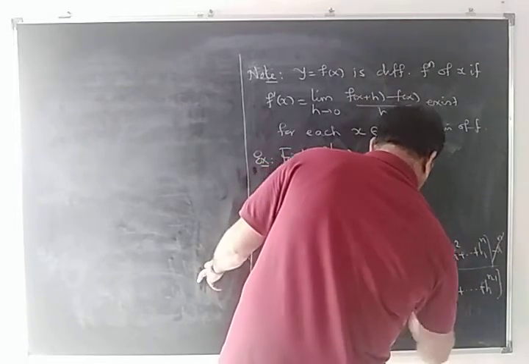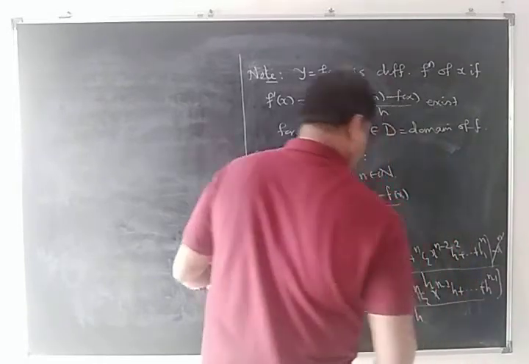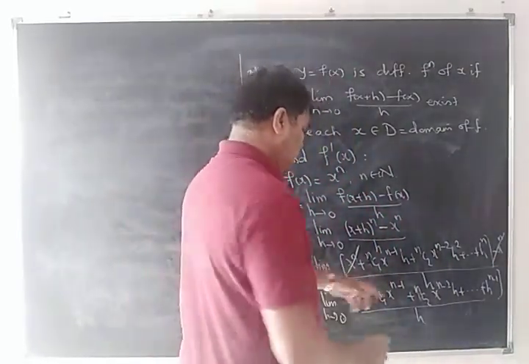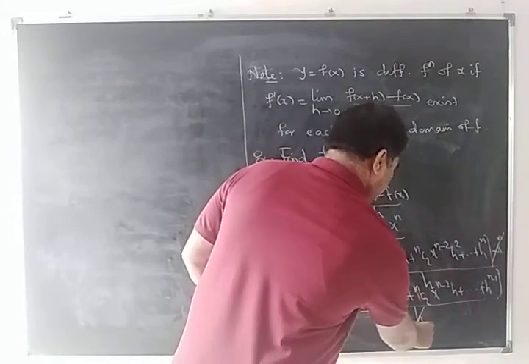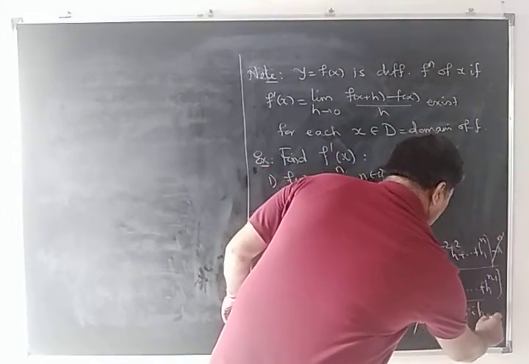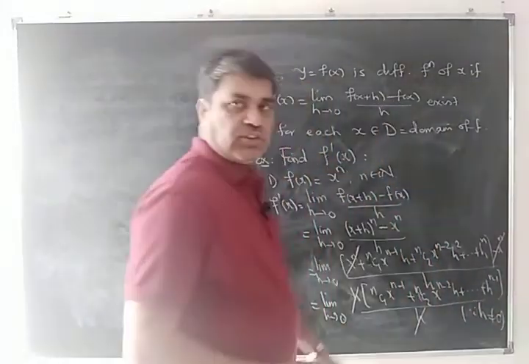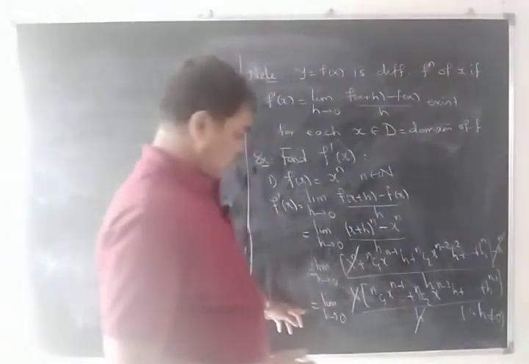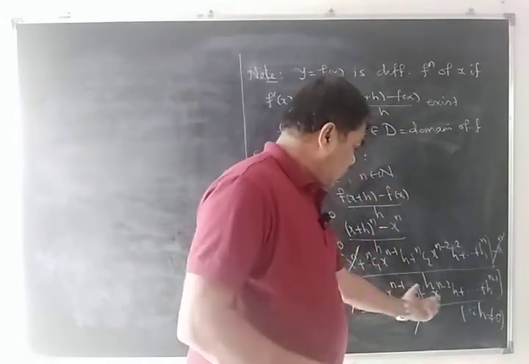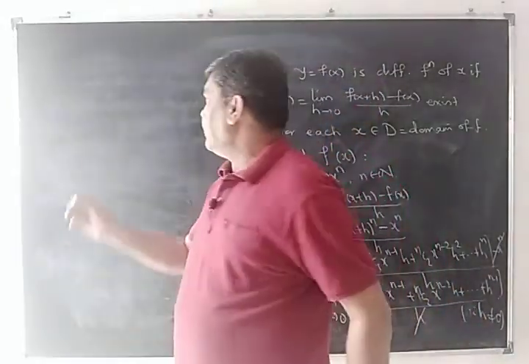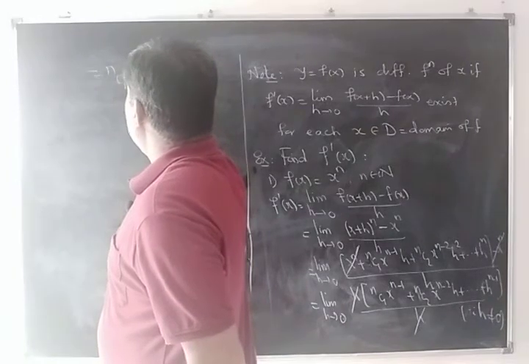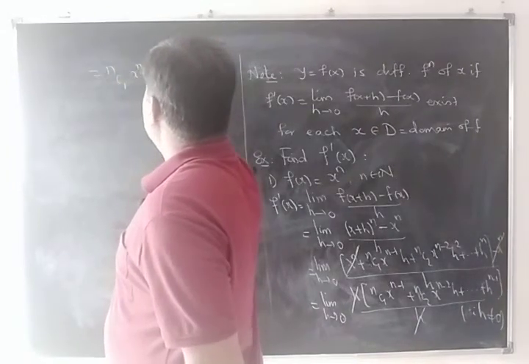Every other term contains h. This h gets cancelled since h is not equal to 0. By applying the limit, all other terms become 0. So we'll get this equal to nC1 into x^(n-1) plus zeros, right.